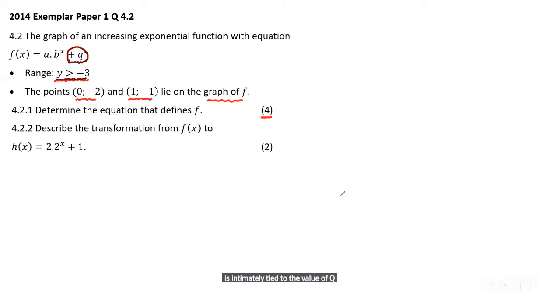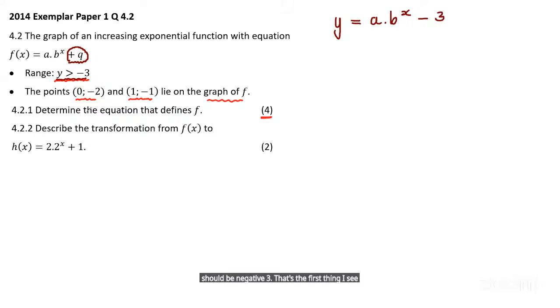So if my range is y greater than -3, it means my asymptote q is -3. So maybe that's the first thing. I need to write a times b to the power x minus 3. So the y asymptote q should be -3. That's the first thing I see.